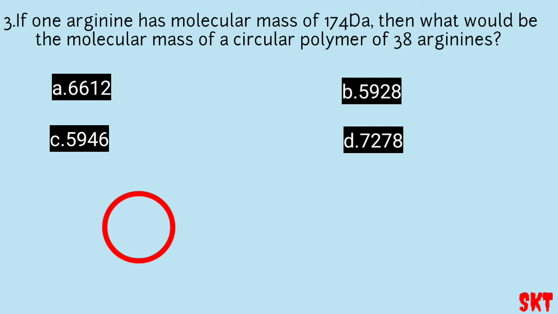So we have to calculate like this: 174 into 38, that is 38 arginine molecules, and 174 daltons is the molecular mass of each arginine, minus 18 into 38, 38 water molecules, and 18 is the molecular mass of water. So the answer would be 5928. That's the option B. So in these types of questions, you have to keep in mind the loss of water molecules. Otherwise, the answer would be wrong.